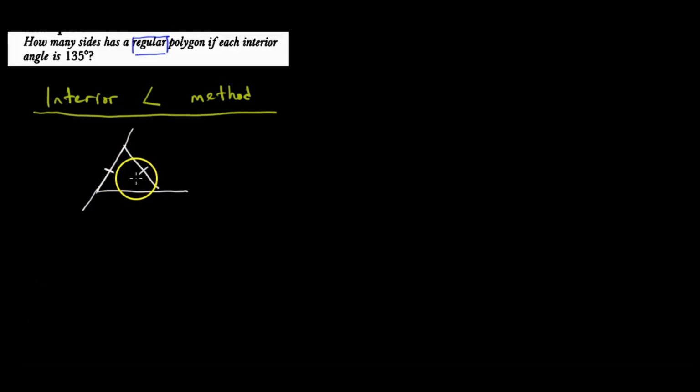We know kuti each panapa it's going to be 60, 60 and 60. Saka kuri kuti tapiwa 60 degrees is the interior angle, tinoziva sei kuti shape iyo ine 3 sides. Manzwisisa? Yeah.